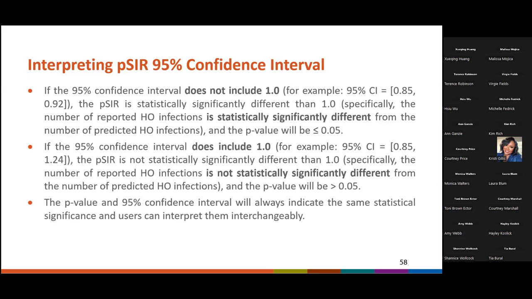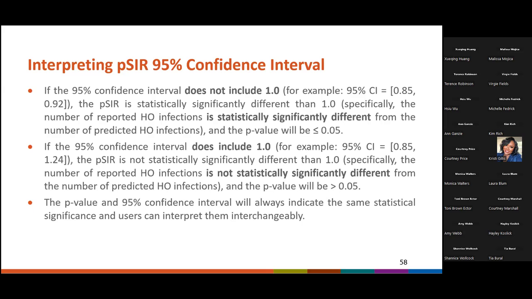If the 95% confidence interval does not include one, the p-value will be less than or equal to 0.05, which indicates the number of reported hospital onset infections is statistically significantly different from the number of predicted hospital onset infections.